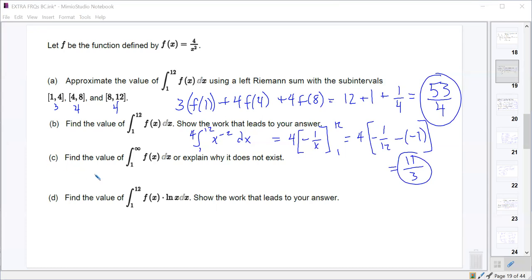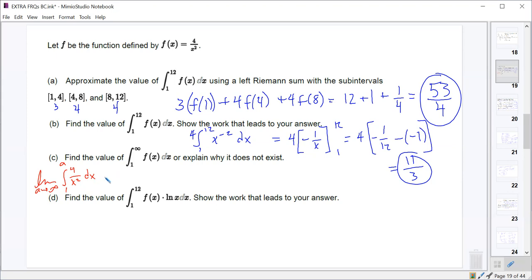All right, part C, find the value of the integral from 1 to infinity. So we got another improper integral. So remember, this is the limit as a approaches infinity of the integral from 1 to a of 4 over x squared, right? And we should know that this should converge, right? We should know that this integral exists because this is how we prove the p-series test, right? The power is greater than 1, so it should converge.